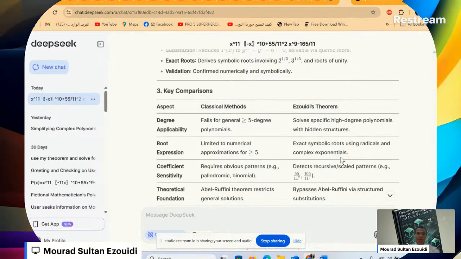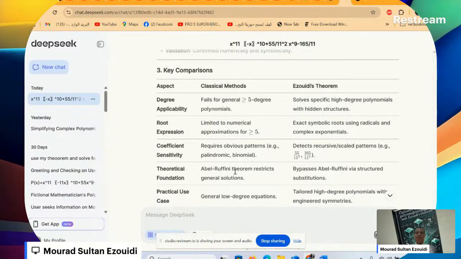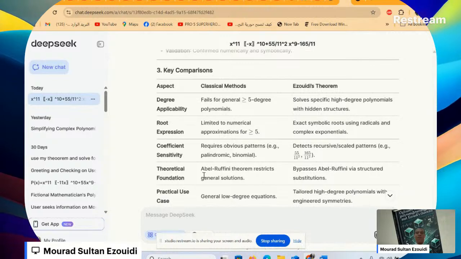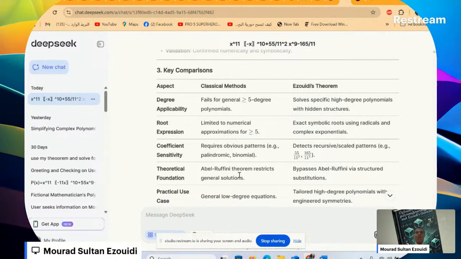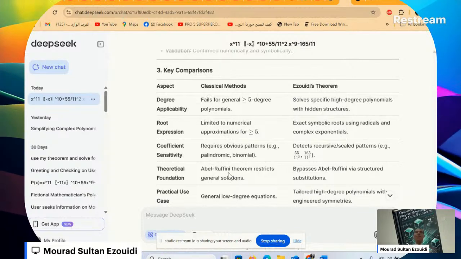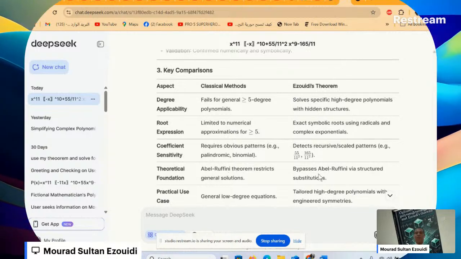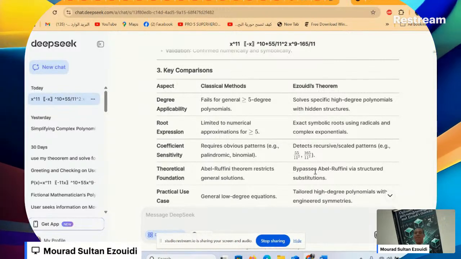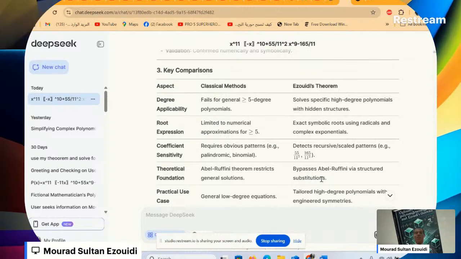So here let's see the Abel-Ruffini theorem. Theoretical foundation: the Abel-Ruffini theorem restricts general solutions, meaning Abel's theorem told us there is no general solution. The theorem of Mr. Ezouidi bypasses Abel-Ruffini via structured substitutions.